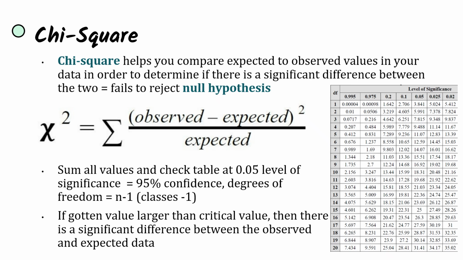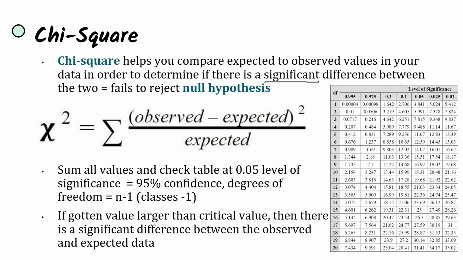And so your null hypothesis is always going to be that there is no significant difference between the two, between the observed and the expected. And if the chi-square test shows that there is a difference, then you are rejecting the null hypothesis. They're saying there is a significant difference between the two.